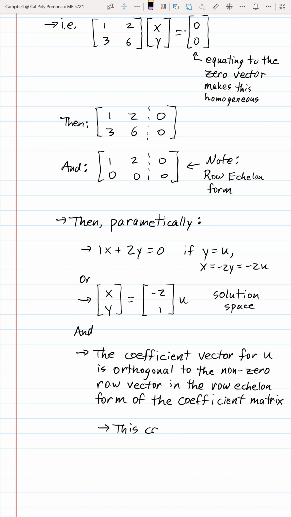And of course, this can be seen very simply by, as we talked about in the first part of this review, taking the dot product of those two vectors.